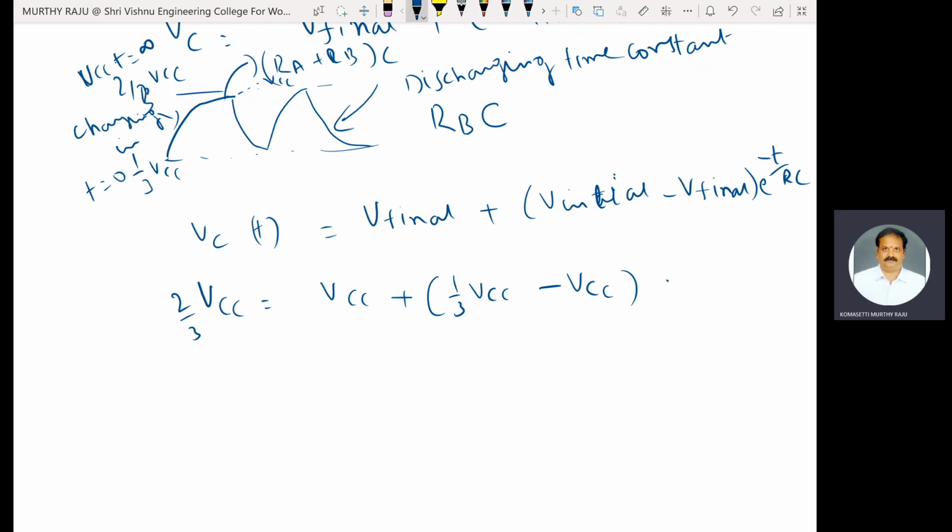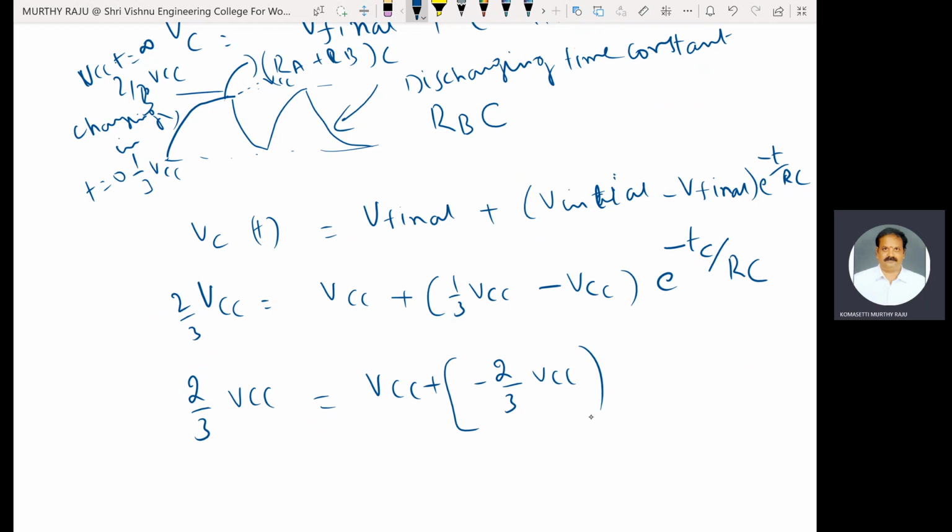The amount of time required to charge the capacitor is called the charging time, TC. So 2/3 VCC is equal to VCC plus (1/3 VCC minus VCC) into e power minus TC by RC.